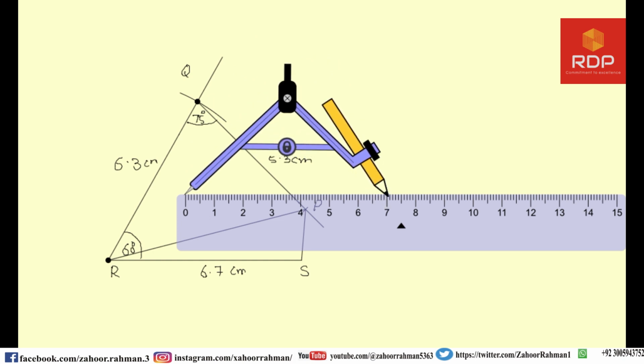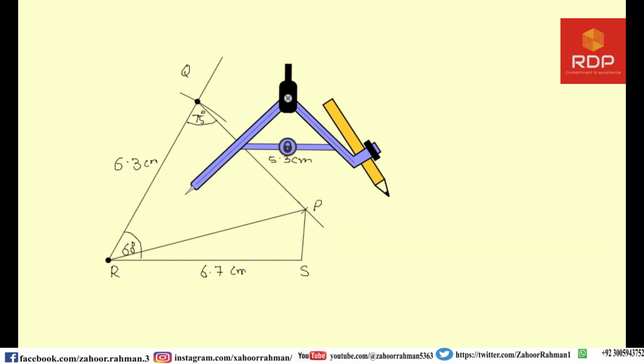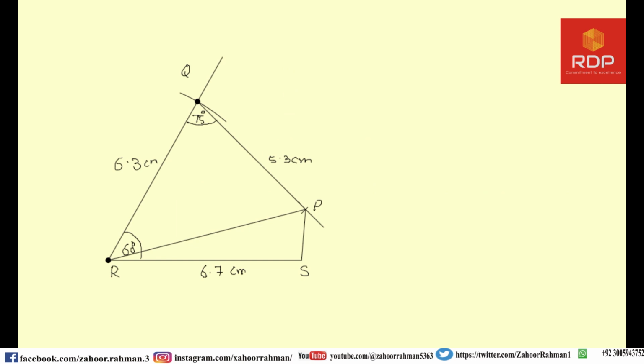You can see that it will be equal to 7.1. Exactly, you can confirm that this is equal to 7.1. So PR is equal to 7.1 centimeter.